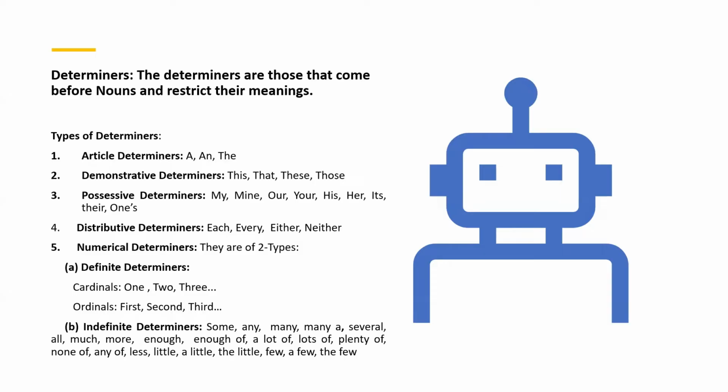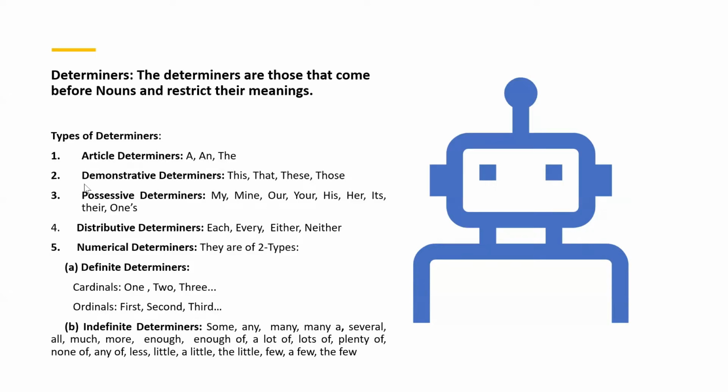Now we have to know about the types of determiners. And in this video, you're going to learn all these things step by step. So be with me. Types of determiners. Number one, we shall study about article determiners. Here you will learn about a and an, or the. I'll tell you when to say a and when to say the.